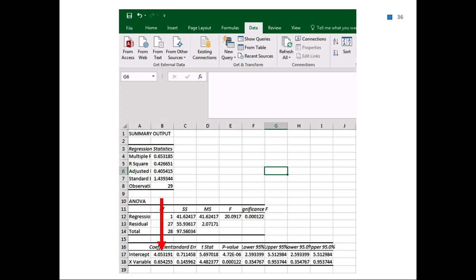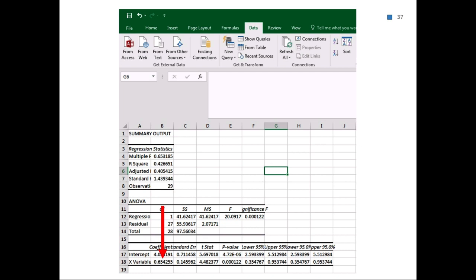In this example, our beta naught is 4.053. Where it says coefficient, that means beta coefficient. Right beside where it says intercept, that's our beta coefficient for our intercept, or our beta naught. It is 4.053 in this example. So that's where we would find our beta naught.